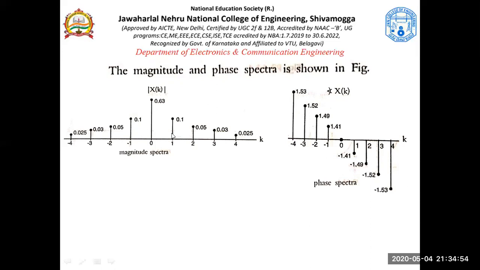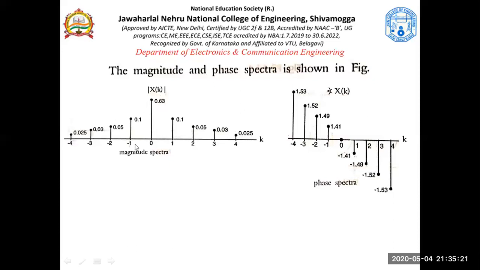The magnitude of x of k is an even signal. Whereas the phase is also non-periodic, but it is an odd signal. Understand that? The phase is an odd signal. The magnitude plot is an even signal. So that's an observation you can make. Fine. So what they have done is they have gone for 8 plus 8 plus 1, 9 values.